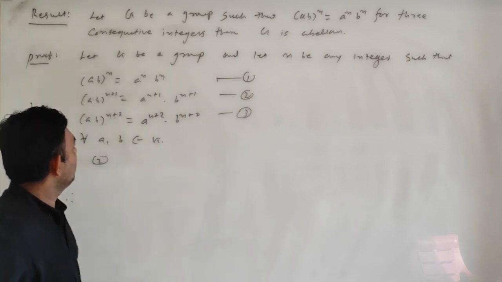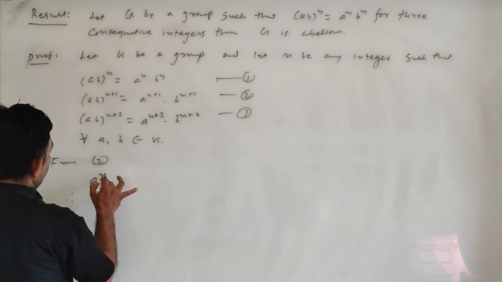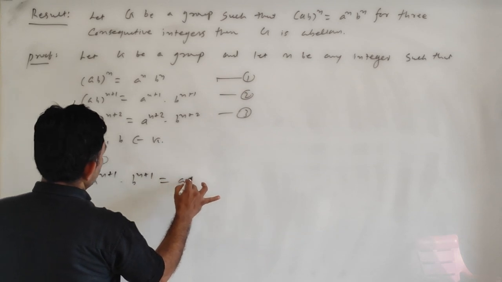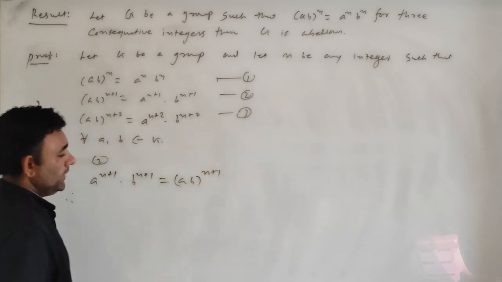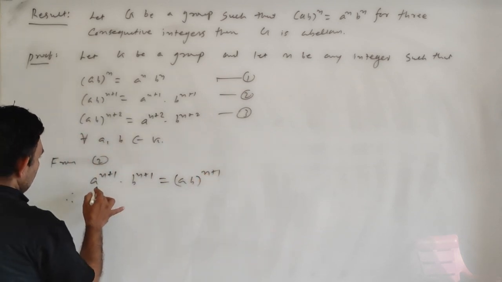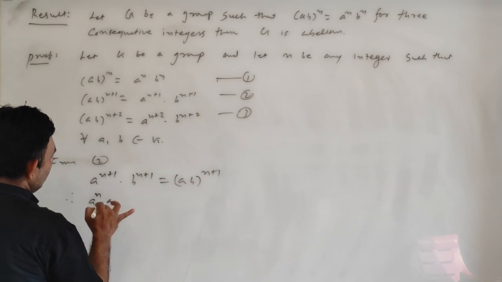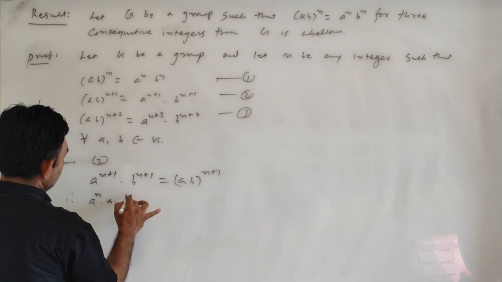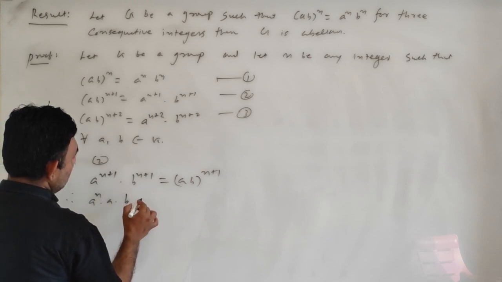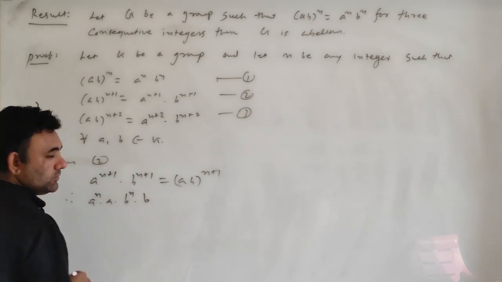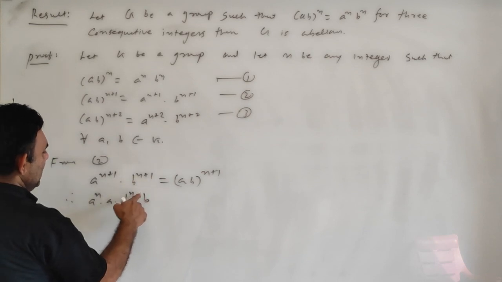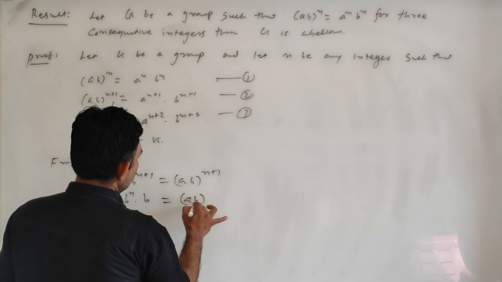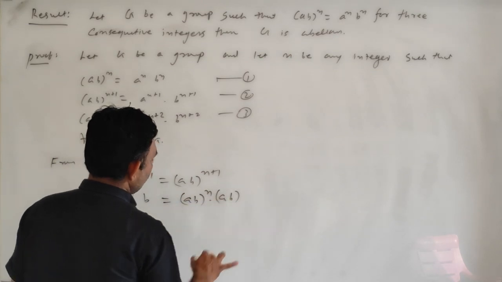In this way, a^(n+1) b^(n+1) equals (ab)^(n+1). So I can split this as a^n into a, and this is b^n into b. n+1 can be split as n and 1, and here I can write it as (ab)^n into (ab).